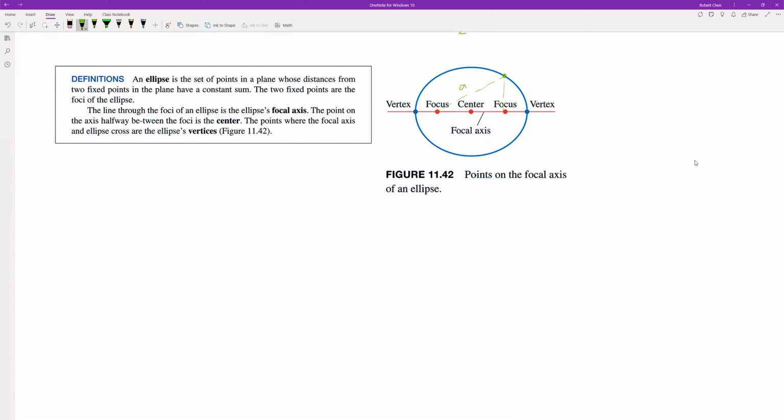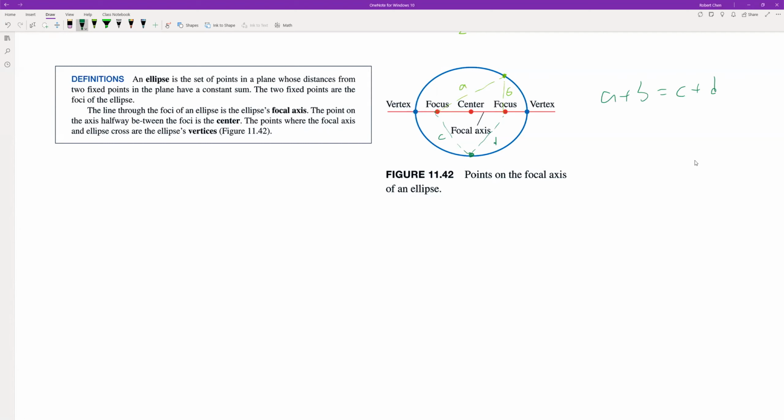Let's say these distances are A and B. Right? And then if you pick another point, let's say right here, and then you connect this point to the 2 foci as well. Let's call those C and D. So what this is saying is A plus B is equal to C plus D. That's what makes up an ellipse. Right?